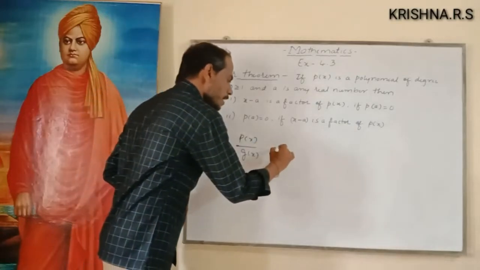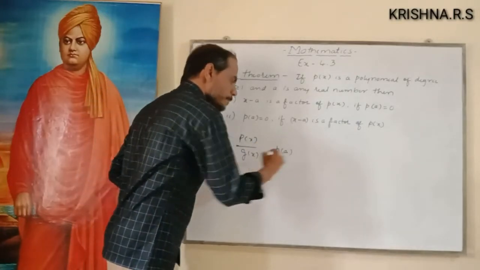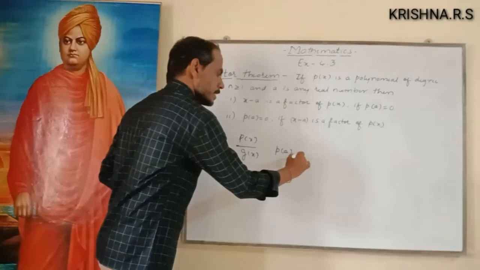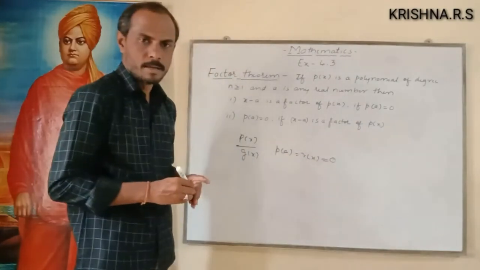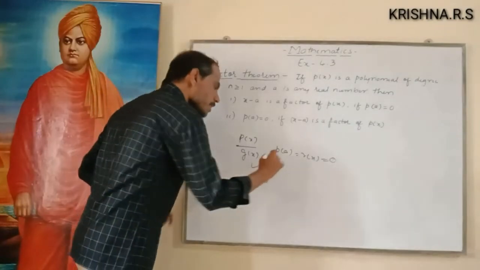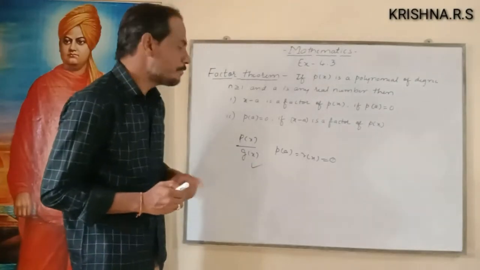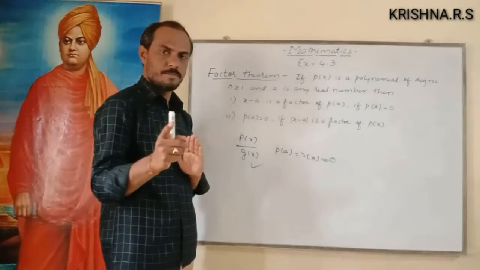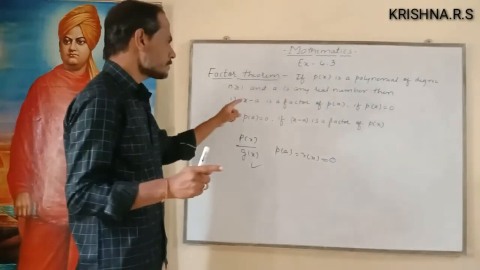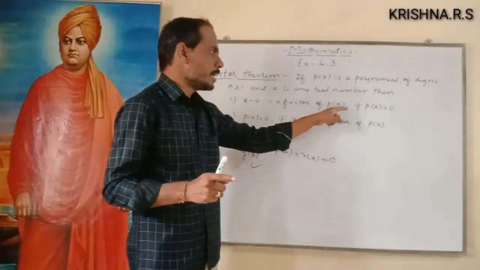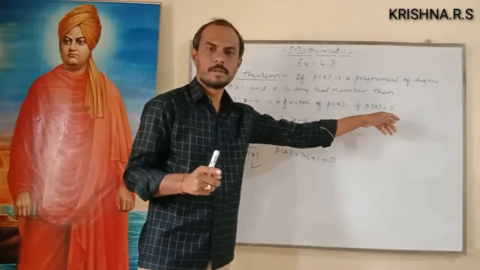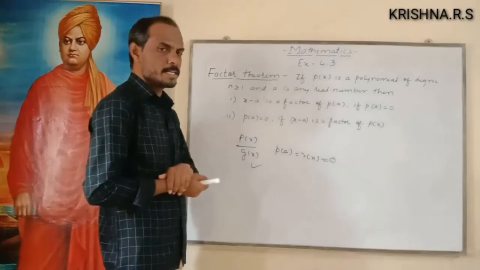Then p of a is the remainder, also called r of x, and r of x equal to 0 is obtained. Then we call g of x a factor of p of x. I hope you understood. X minus a is a factor of p of x if p of a is equal to 0.